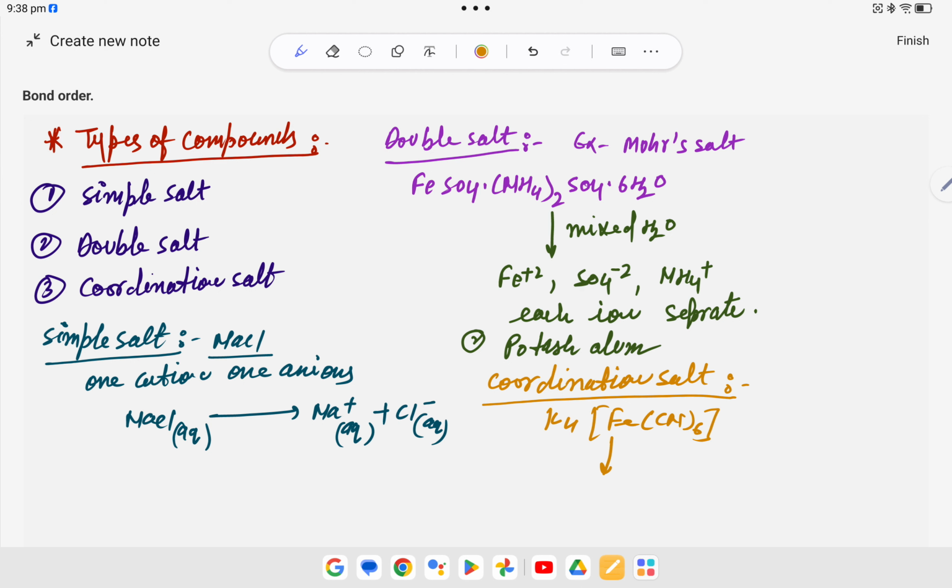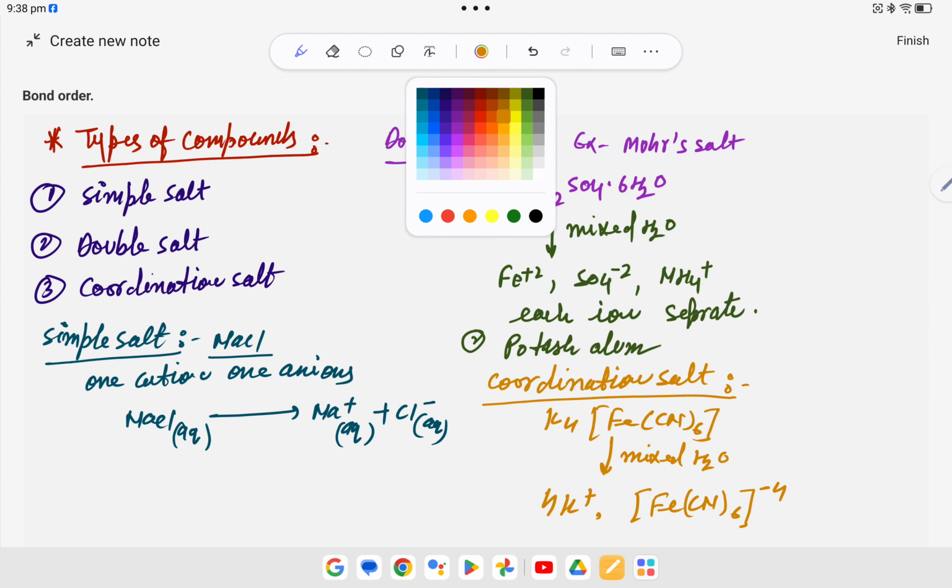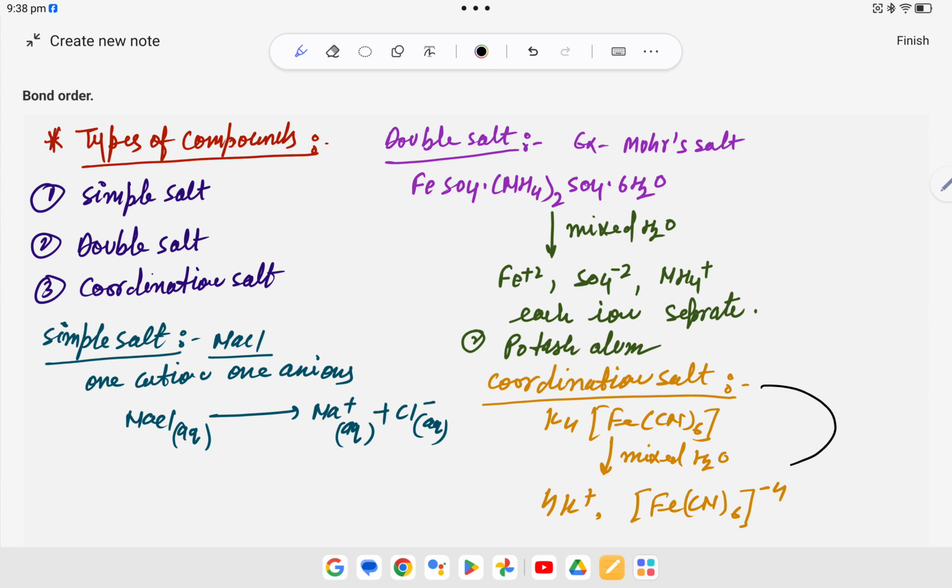If you are mixing it in water, in the aqueous medium, it will liberate only two types of ions: 4K plus, and one is [Fe(CN)6] minus 4. Okay, so these kinds of salts are called coordination salts.